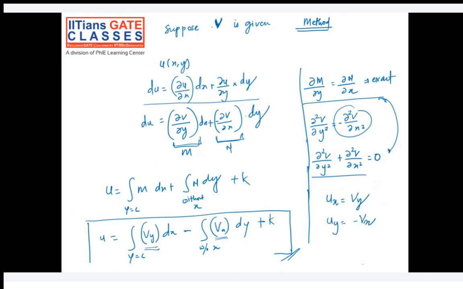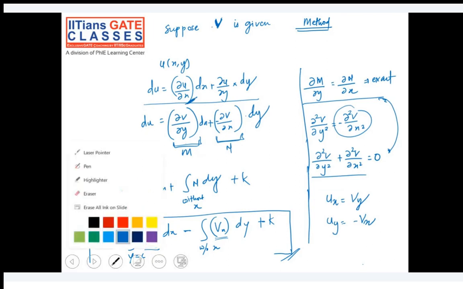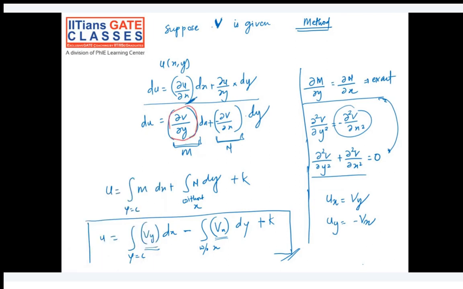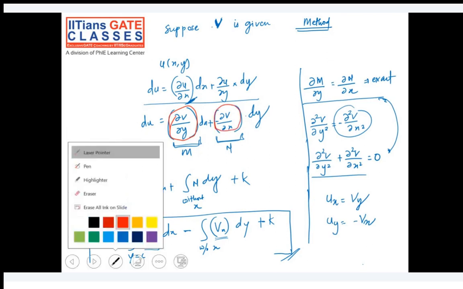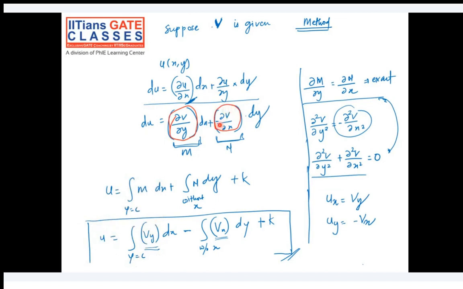So can you replace this differentiation of u with respect to x by differentiation of v with respect to y? So I am replacing this term. Similarly, I am replacing this term, differentiation of u with respect to y, by minus differentiation of v with respect to x. Okay.